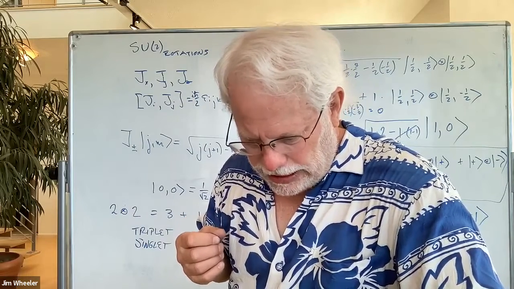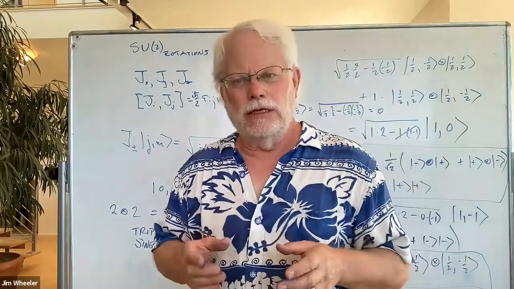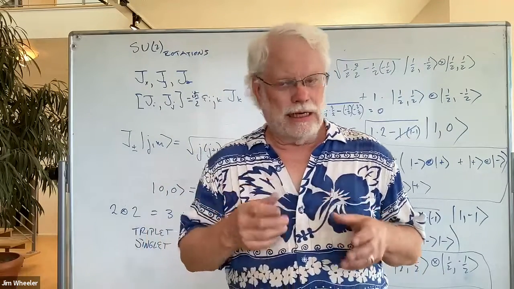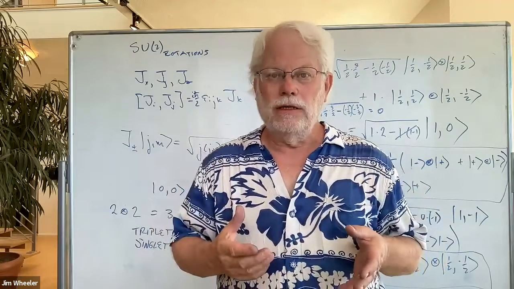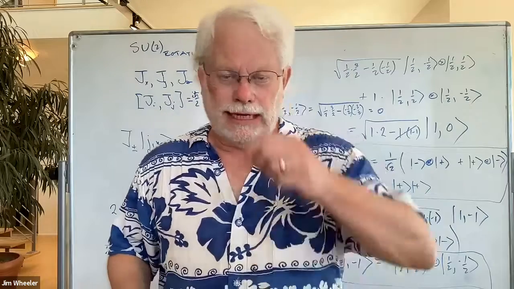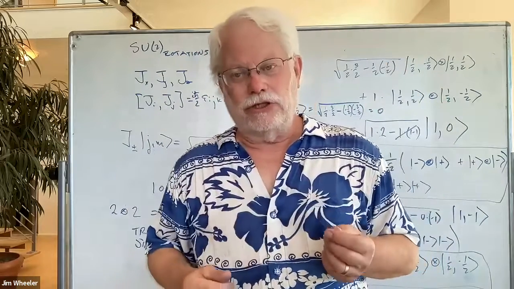Suppose we're dealing with the total angular momentum of the electron in excited states of hydrogen. So you've got the electron with spin up, spin down, right? In an S state, you've got 0. So you've just got those 2 states.